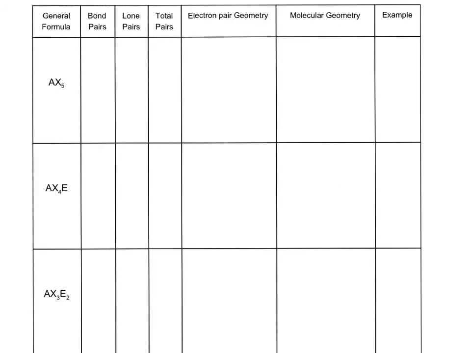Okay, turn over the page and we're going to do AX5. So we've got 5 bonding pairs, no lone pairs, for a total of 5. So now we have a central atom. We're going to have 2 X atoms along this axis, and then we're going to have the other 3 in an equatorial plane.